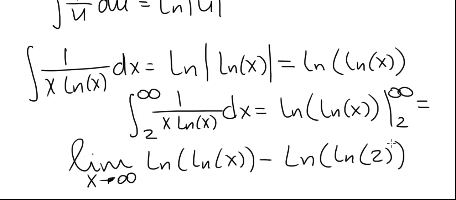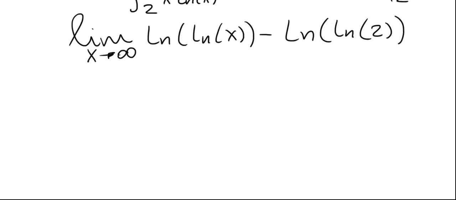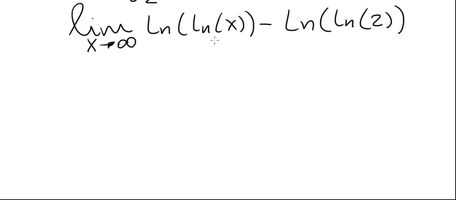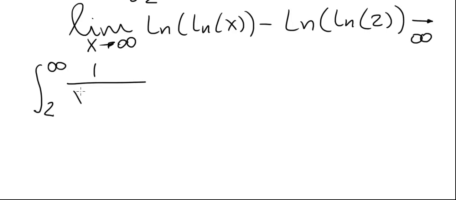Now let's take a look at that limit. As x becomes larger and larger and larger, natural log of x grows without bound, and then applying another natural log to larger and larger numbers is not going to be going to a finite number. So this is heading toward infinity, and we can conclude that the integral from 2 to infinity 1 divided by x times the natural log of x diverges.